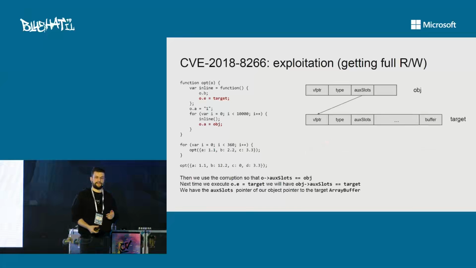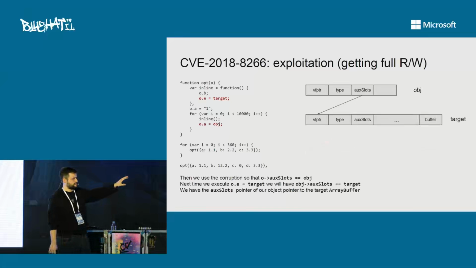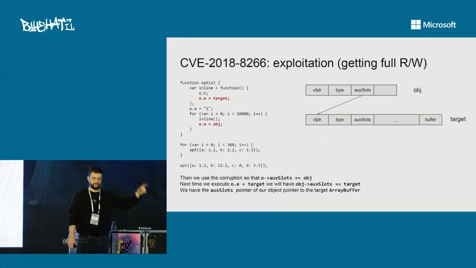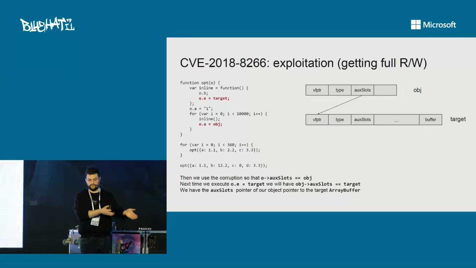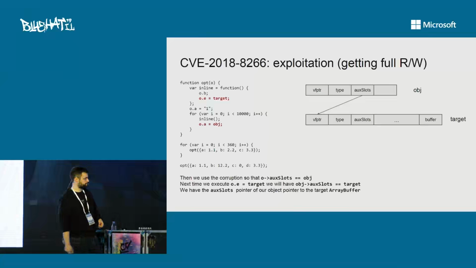So all in all, right after we triggered the bug, this is the memory layout we have on the left. We have our two global objects, and my global object points directly inside the array buffer object. And the array buffer object is really interesting because it has a certain field, which is the buffer pointer, which points directly to memory, where you read and write from when you declare a typed array on it.